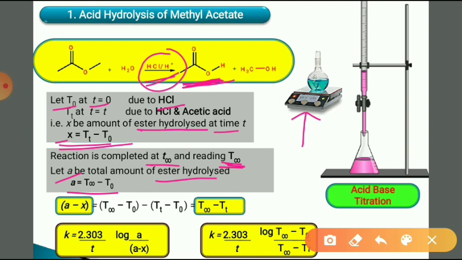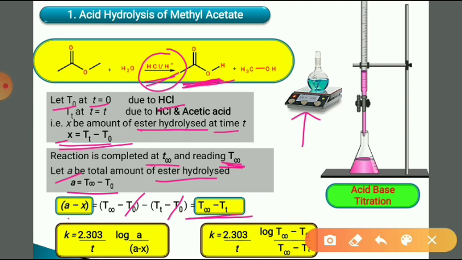Then a minus x is T infinity minus Tt. If you put the values of a and x, T0 gets cancelled, minus into minus, and this is the value of a minus x.